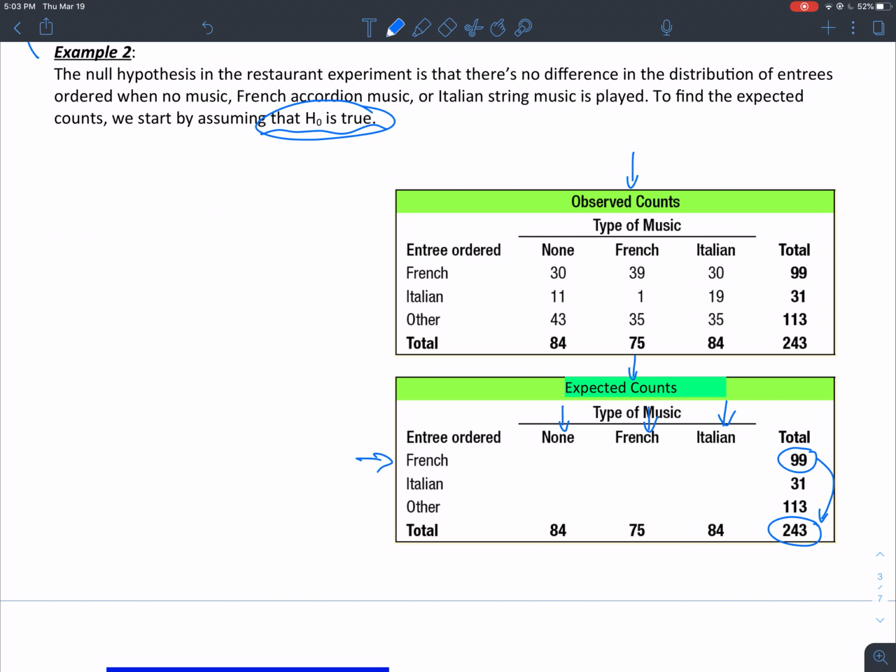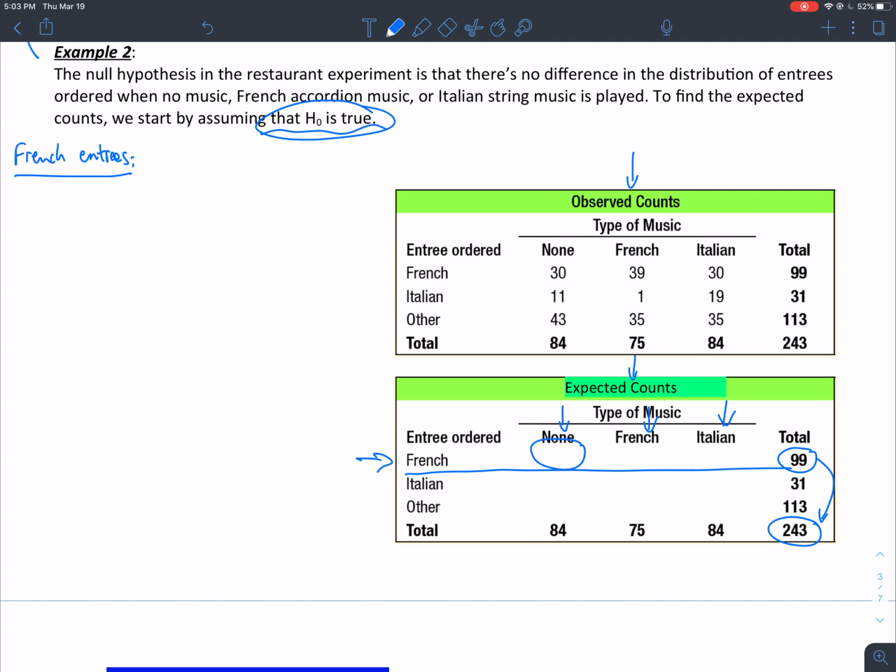Let's talk about French entrees first, and let's talk about finding the expected counts for French entrees. I'm going to write French entrees, and then we do the distribution. So what would I expect to find for my counts for none?